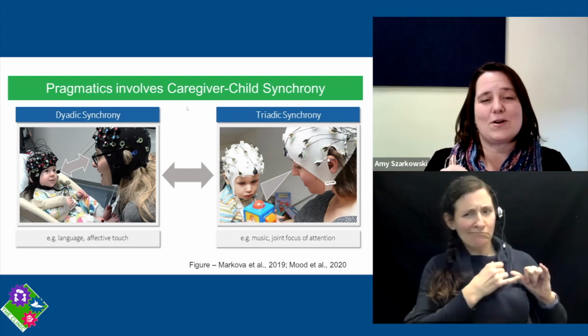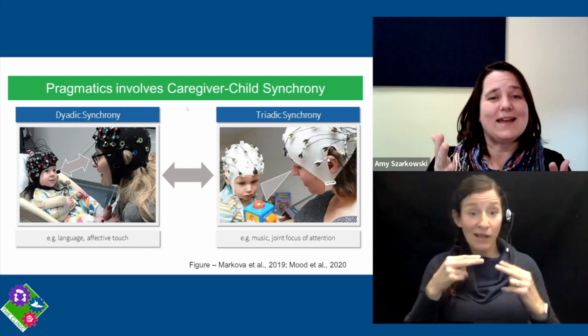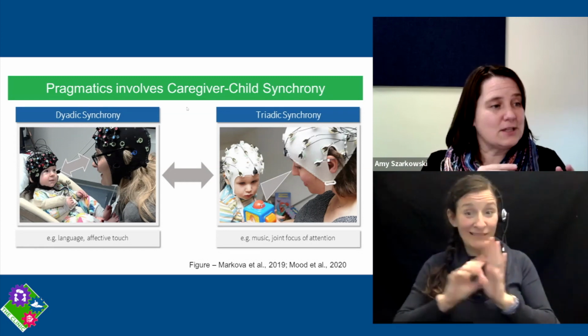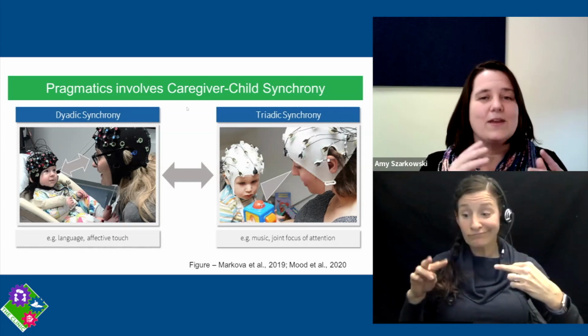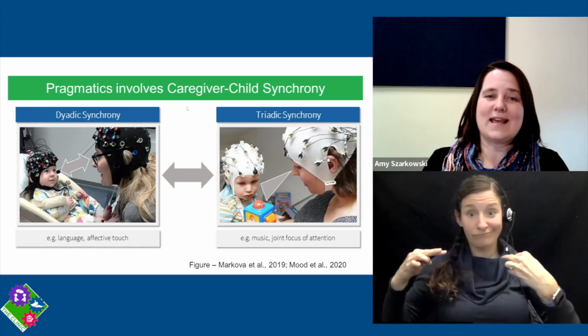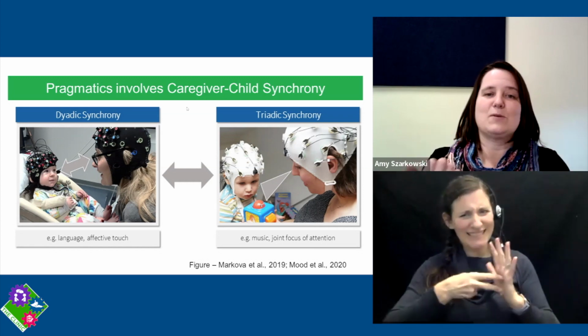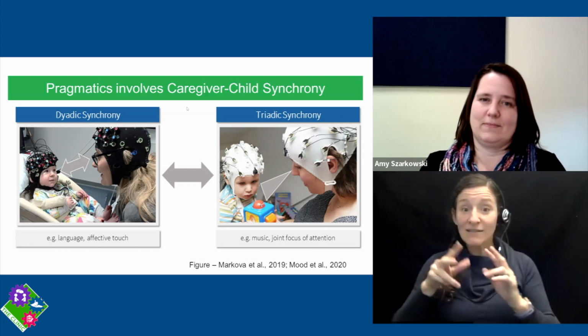If we're looking toward the toy that you see on the slide, if the child looks to the toy, looks back to the caregiver, looks to the toy, there's an intent there that the caregiver is supposed to look to that toy too, right?